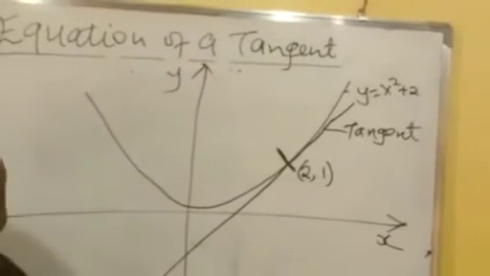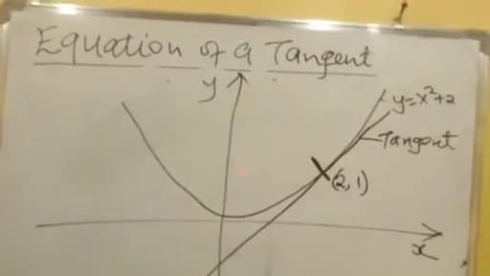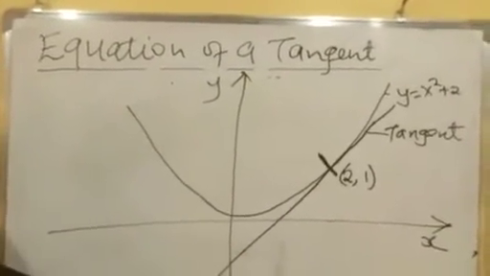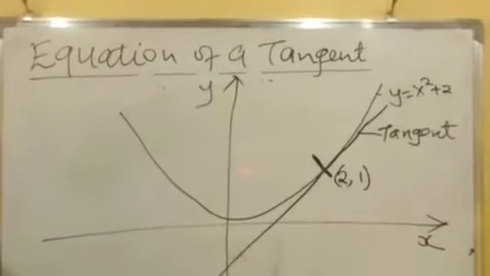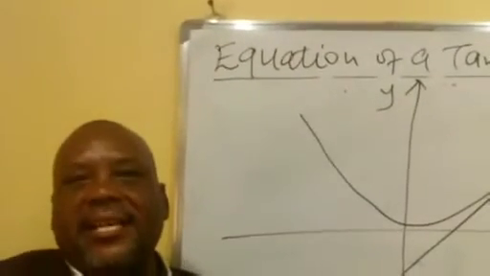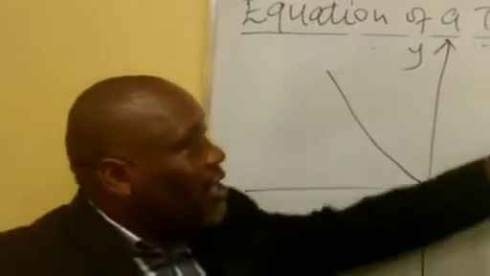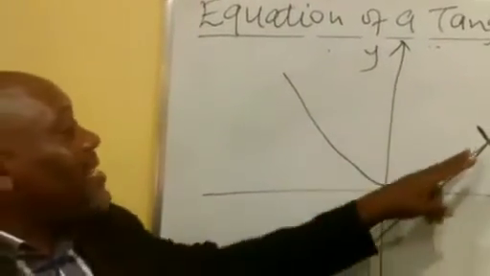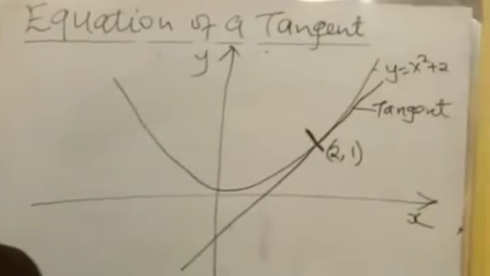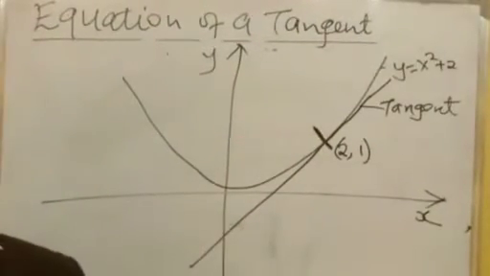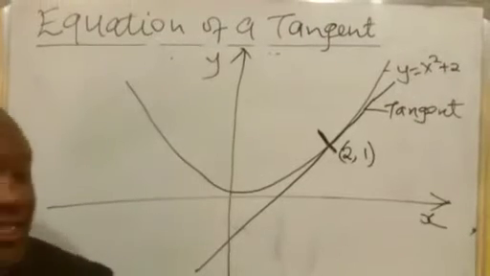The knowledge we have about the derivatives, or the gradient function which we calculated in our previous lesson, will assist us to get the equation of that straight line that touches this curve at the given point (2, 1).